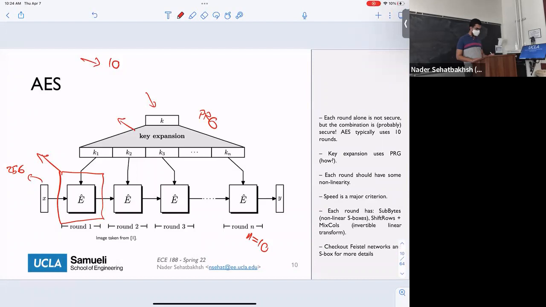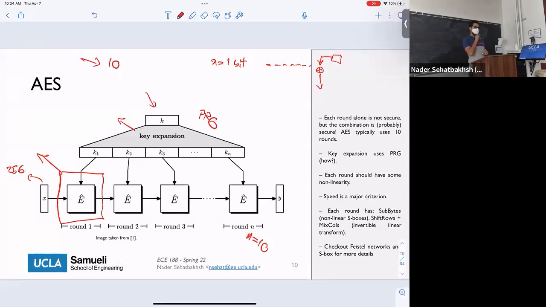For the stream cipher, your X was just one bit. You had a machine that takes the stream of one bit, has a key expansion algorithm, and then just XORs on the fly and gets the result.